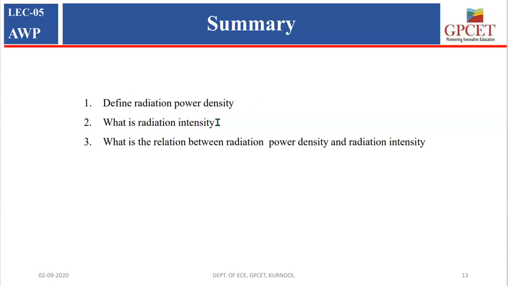Both are used to measure the power only, but the first one measures the power in plane angle and the second one in solid angle. The units for the first one are watts per meter square. The units for the second one are watts per steradian, or watts per solid angle. So that is the relation between these two terms, radiation power density and radiation intensity.